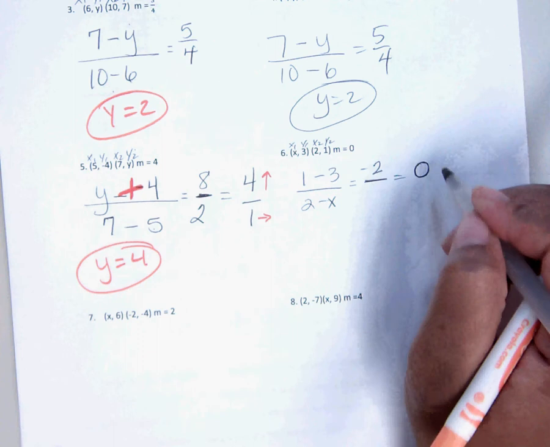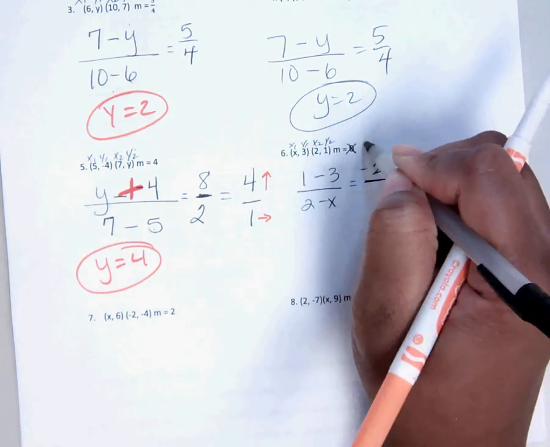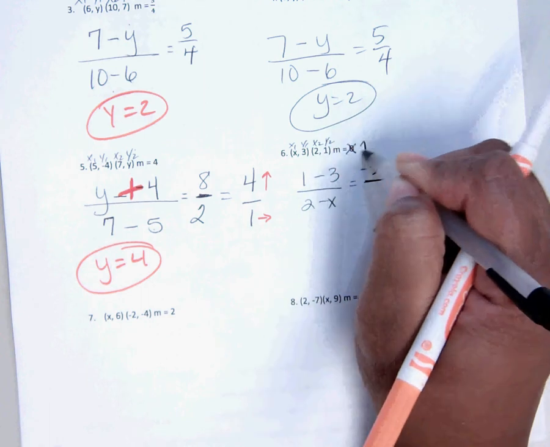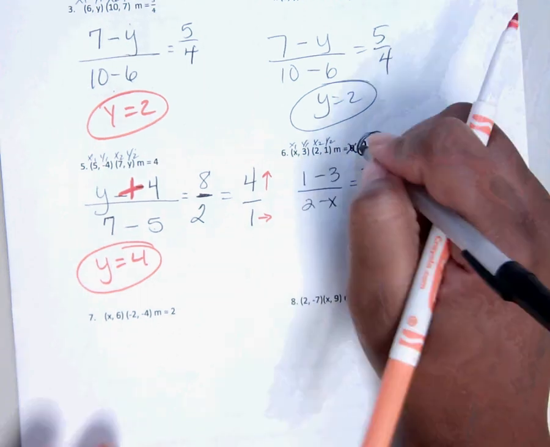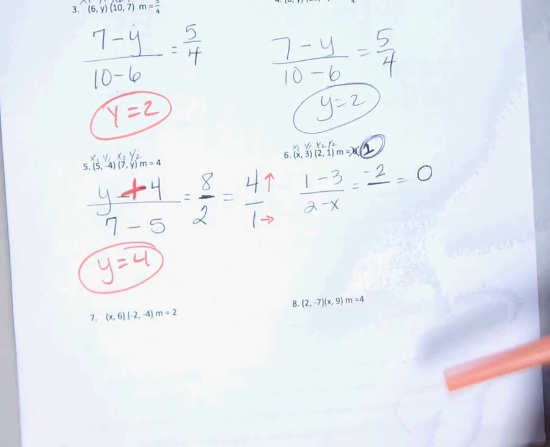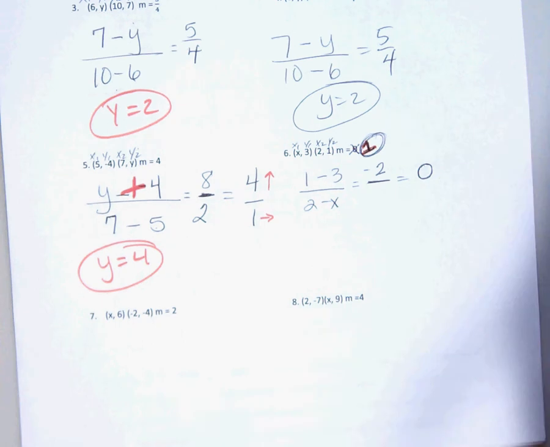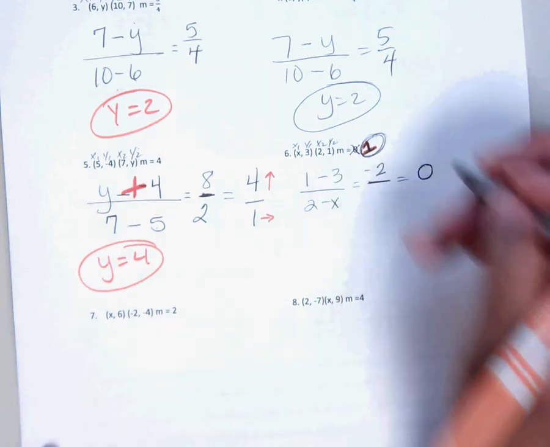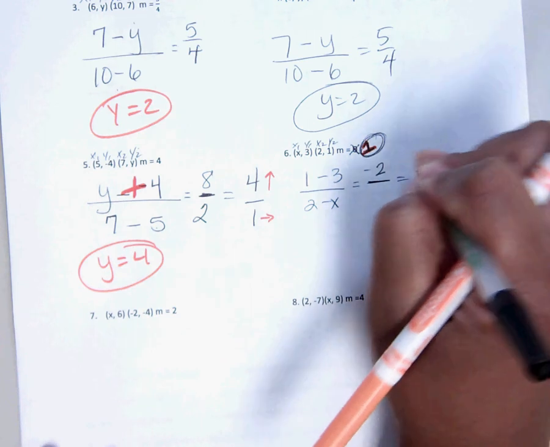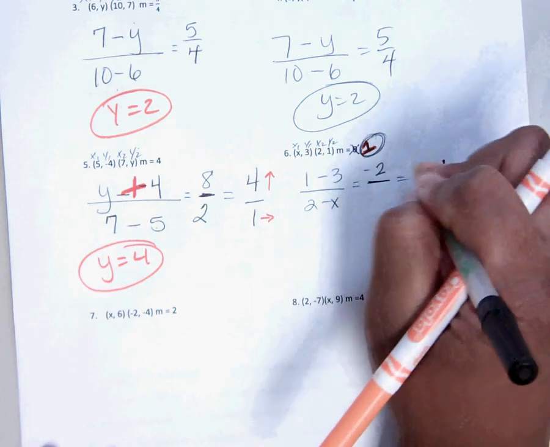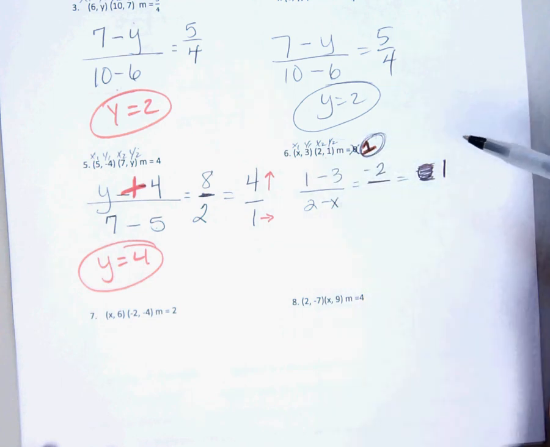And I think I made a mistake on this worksheet. That should be 1. So hopefully I will change that before you get this paper. So that should be 1. That's a mistake. So let's fix that. That should be 1. So 1 minus 3 over 2 minus x, and what do we get?